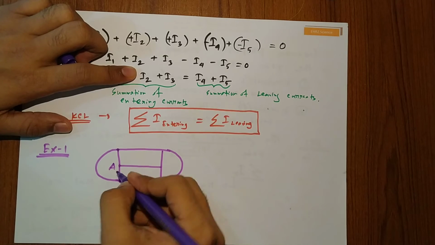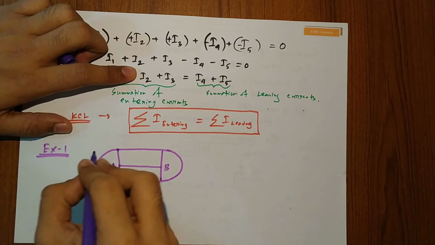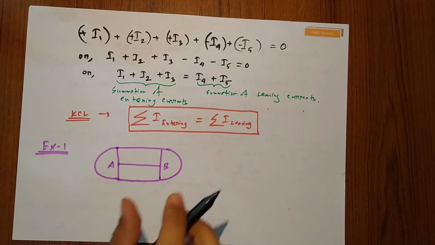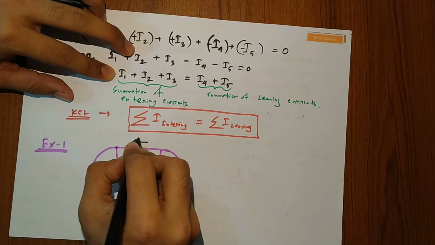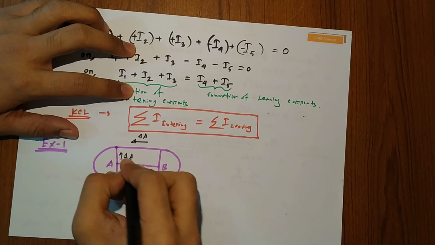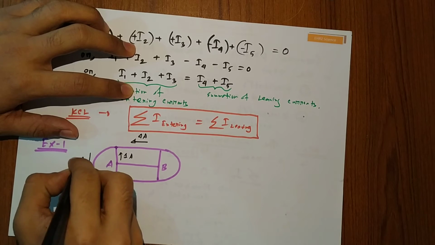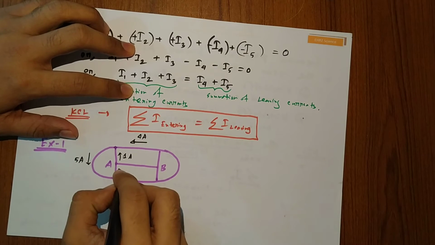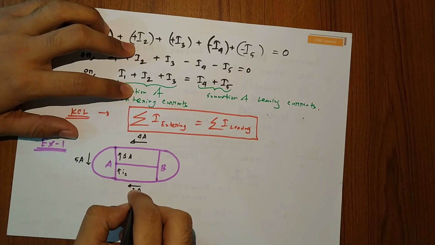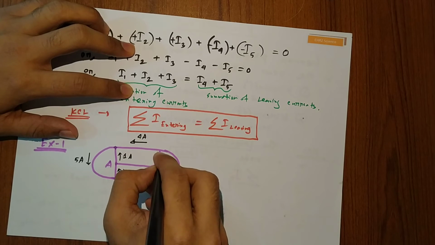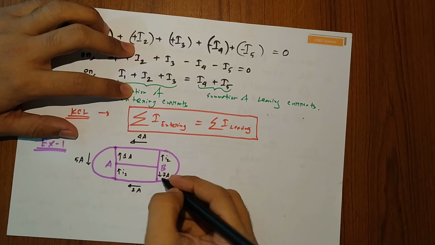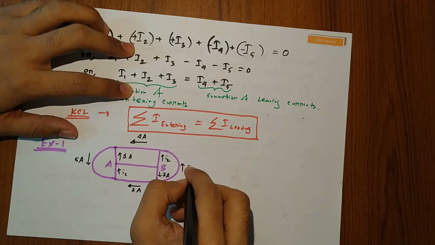This is node A, this is node B. This is 4 ampere current, here is 1 ampere, 5 ampere, I1, 2 ampere, this is I2, here is 7 ampere, and here is I3.